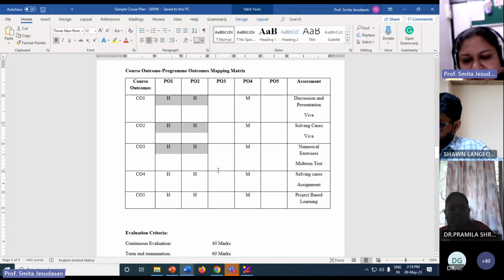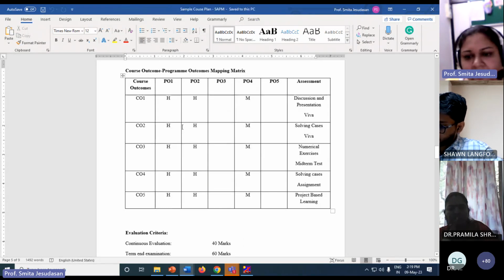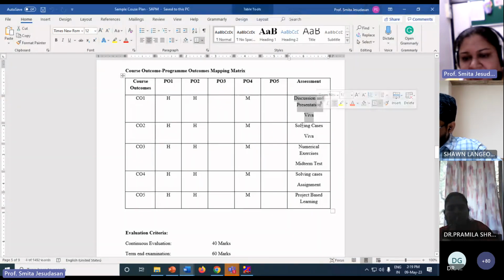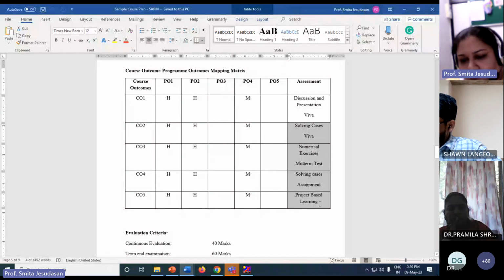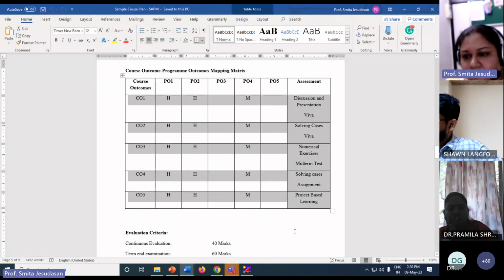We have given the level of relationship, low, medium, and high. And based on the levels of Bloom's taxonomy, we have given the assessment tool. Now, this has been done for a particular course.